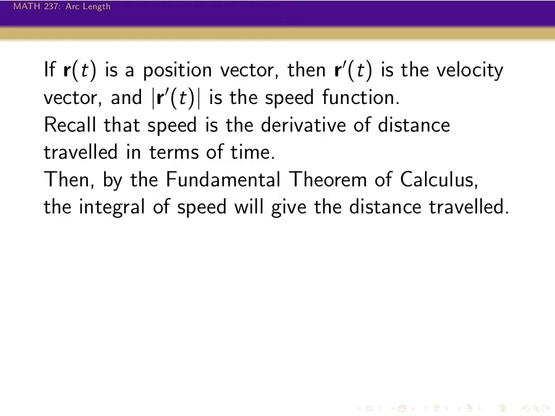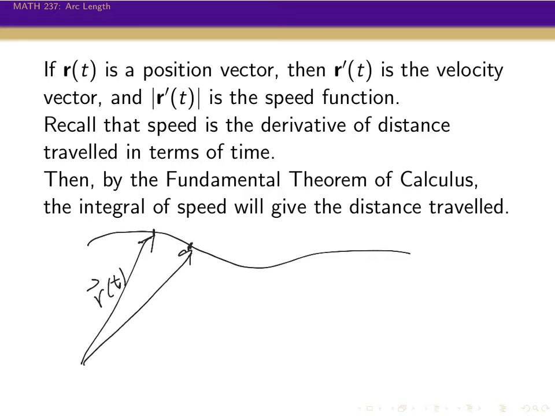I can give you a slightly more geometric and less hand-wavy, but morally correct version. The idea is that if you have a curve, and let's say this is r of t naught, and then you add delta t to that, that gives you r of t naught plus delta t.